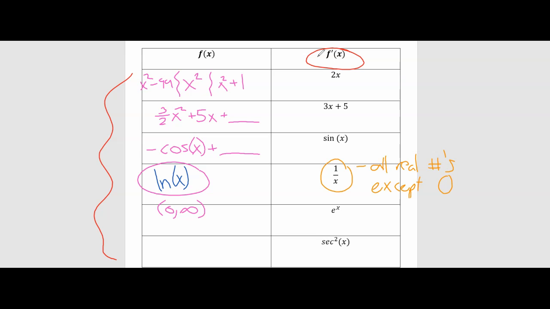So I know that this is the domain of the derivative, which means our original function has to have at least that domain. So what I have to do is make this the natural log of the absolute value of x, right?